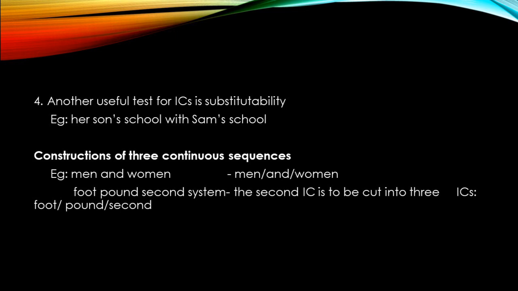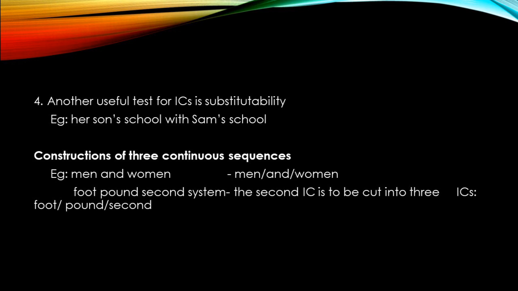So what we understand here is that we are comparing her son's school with Sam's school. We are assuming that they have the same constructional pattern and constituents. Same here does not mean identical or even similar in form or meaning, but only that they are alike in their potentiality for entering into constructions.